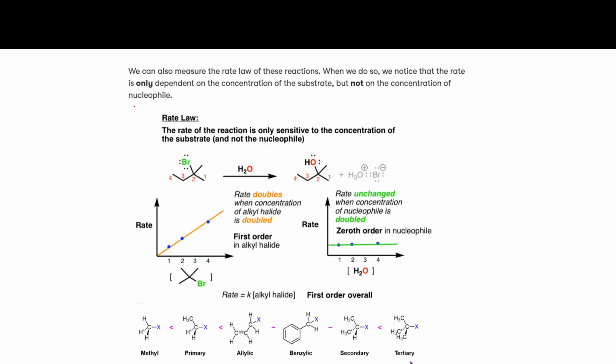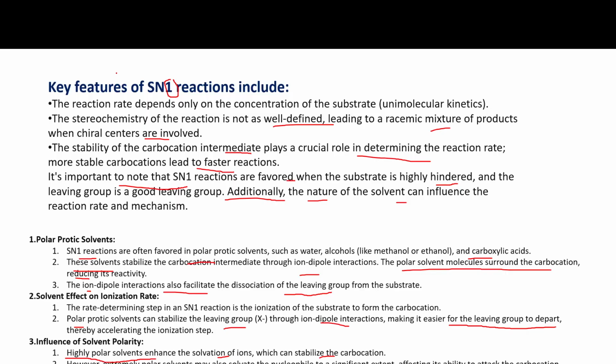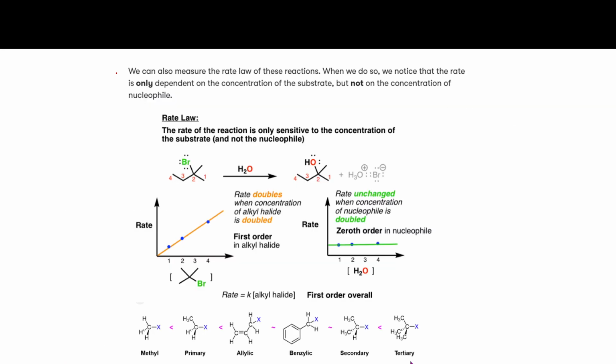For SN1 reactions, the formation of the carbocation is the rate determining step. Does the SN1 reaction follow first order or second order kinetics? We can measure the rate law of these reactions.